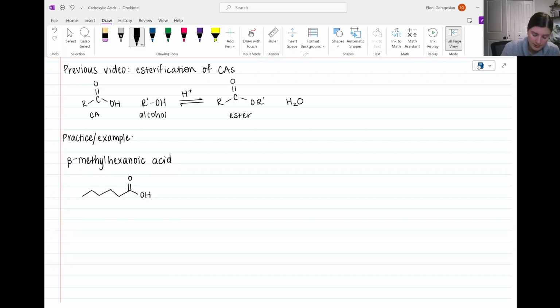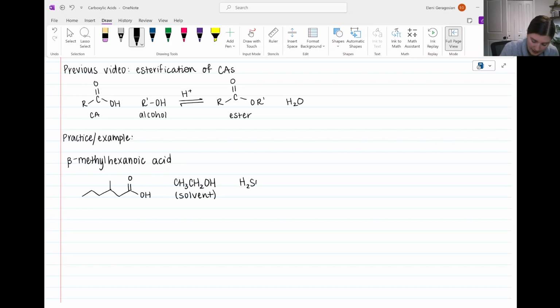The alpha carbon is the carbon bonded to the carboxylic acid carbon. So our beta carbon is 1 carbon to the left. So right there is where we put the methyl group on the beta carbon. Okay, so if we have beta methyl hexanoic acid and we add ethanol, CH3CH2OH, it is the solvent, so it's in large excess.